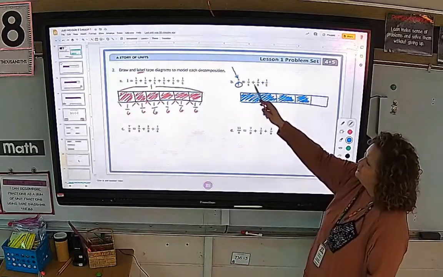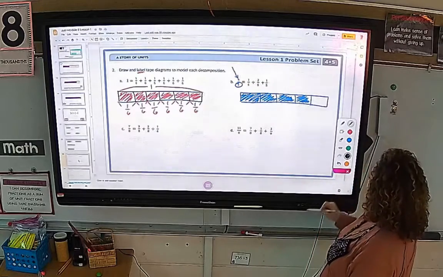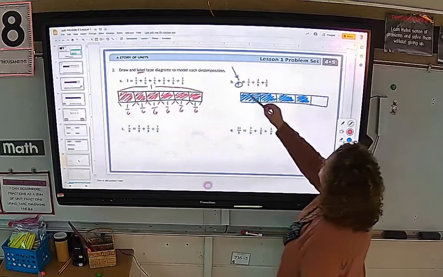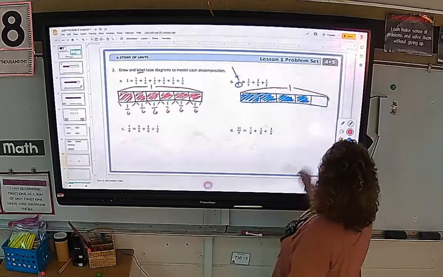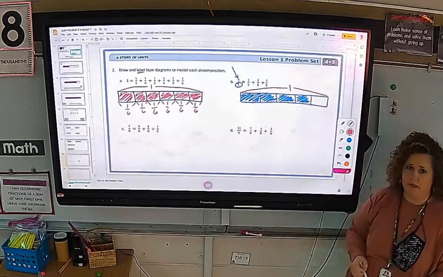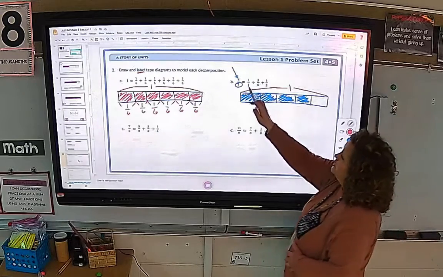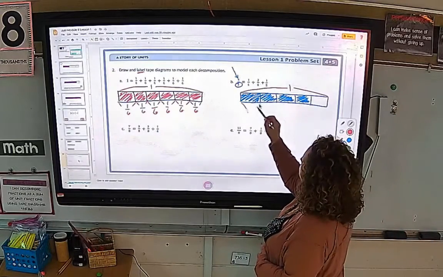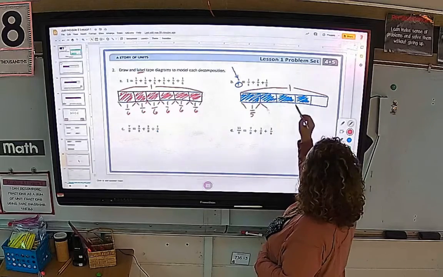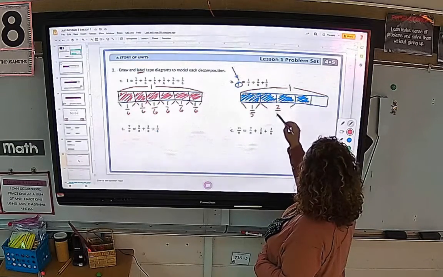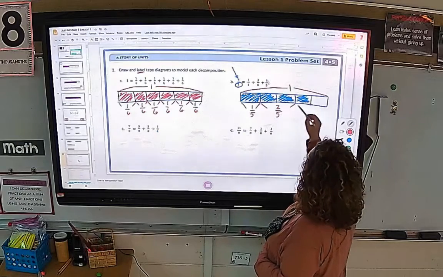Now I've just got to draw my brackets. I'm going to start with my bracket on the top to tell me that this is 1 whole. That's an important bracket as well. I'm going to show 1/5. I'm going to show 2/5 and 1/5.